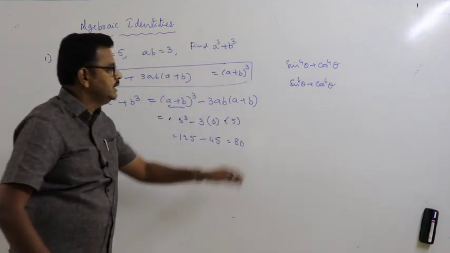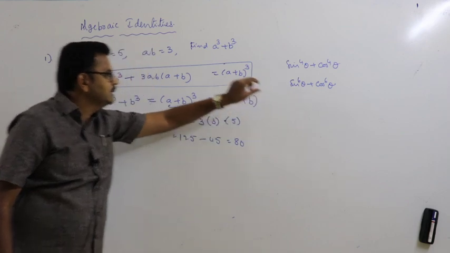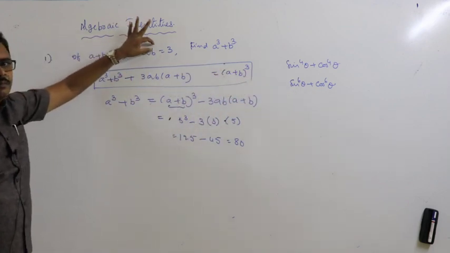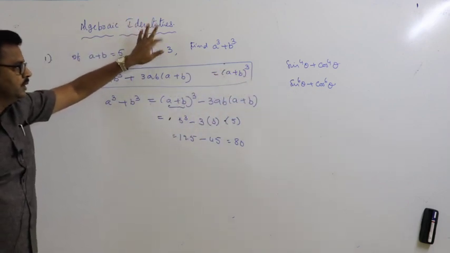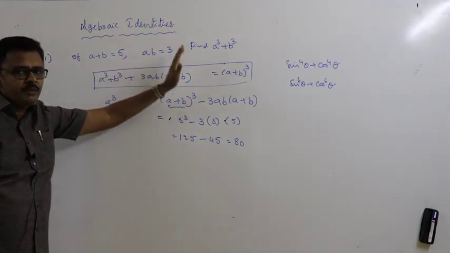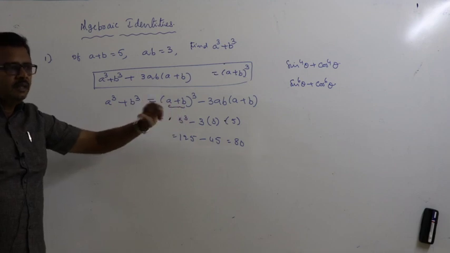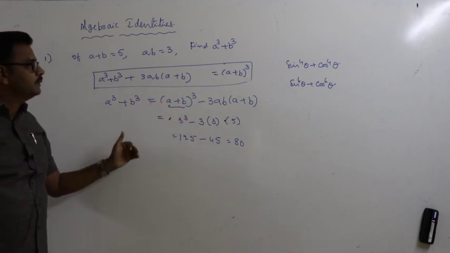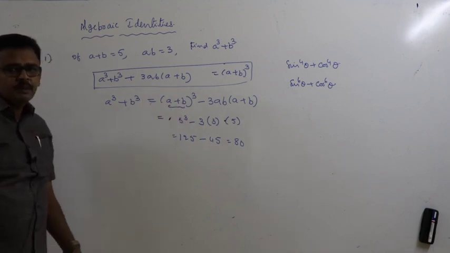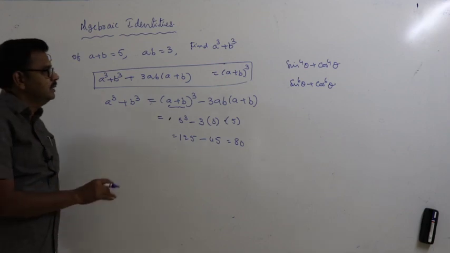While solving these problems also, these algebraic identities play an important role. So, it is a very, very important point. These algebraic identities you have to learn and write 2 or 3 times. Then you feel very easy and comfortable.